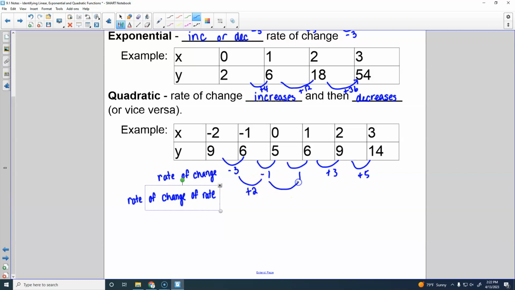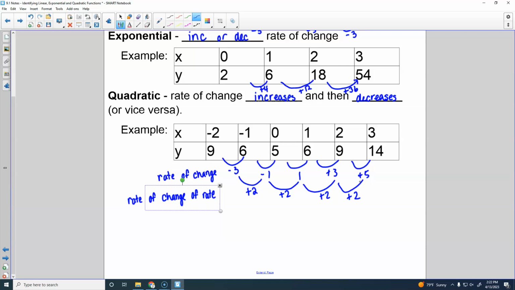Okay, from -1 to 1, 2, 2, 2. So if something is quadratic, its rate of change is not going to be constant, but its second rate of change, the rate of the rate, will be constant. So that is one way we can tell the difference between an exponential and a quadratic.